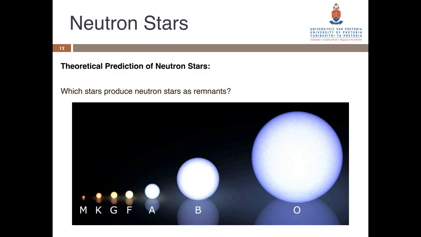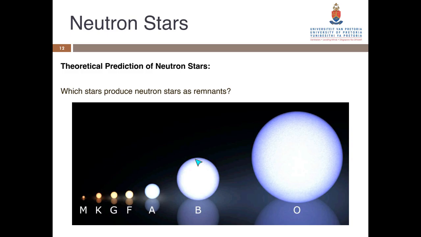Any idea? Any star between 8 and 20 solar masses will become a neutron star.